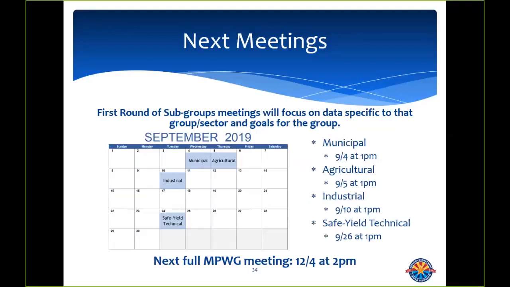So we're breaking out into subgroups, say the municipal subgroup, so that we can meet with the water providers, the cities, to get into the details of the existing conservation programs, how we can best understand those conservation programs and whether they're effective, and to start thinking about what changes we might make to those conservation programs if we need to develop totally new conservation programs under the fifth management plan. So those subgroups are really intended to be those very detailed development and analysis type conversations.